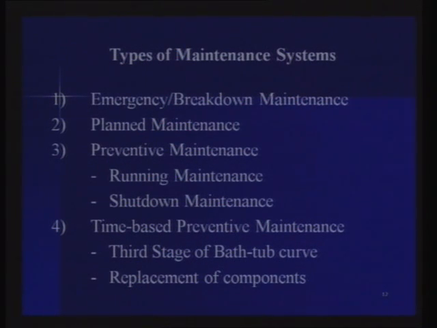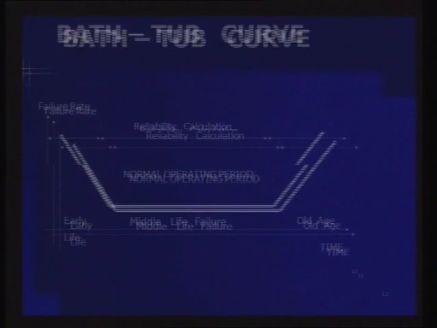So what are the various types of maintenance systems? Emergency and breakdown maintenance, planned maintenance, preventive maintenance, running maintenance, shutdown maintenance, time-based preventive maintenance. This time-based preventive maintenance is at the third stage of the bathtub curve. That means at the third stage the equipment is in its old age period.